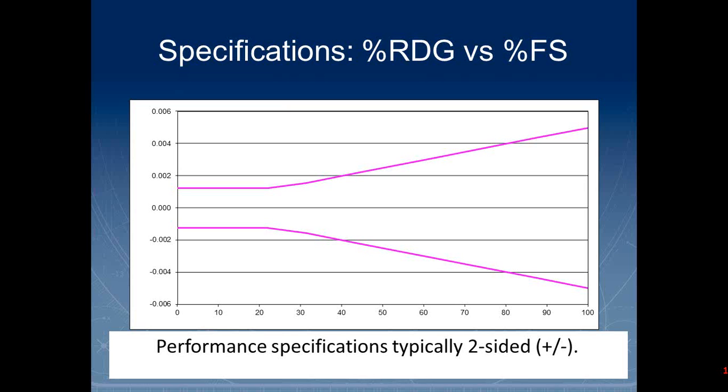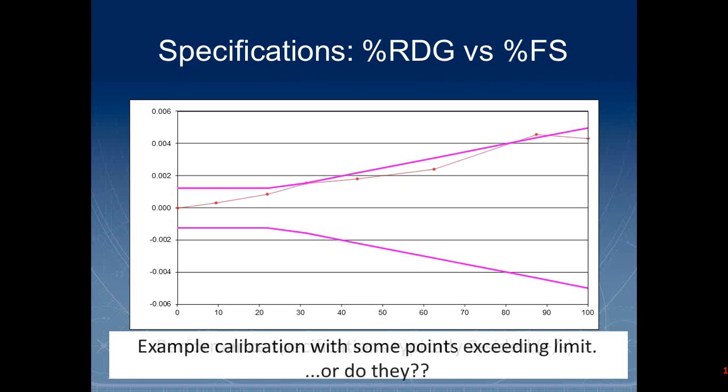So then this might be a tolerance that we apply when we calibrate a unit under test and perform what we call an as-found calibration before adjustments to assess the condition of it and determine whether it's in tolerance or whether it needs adjustment.